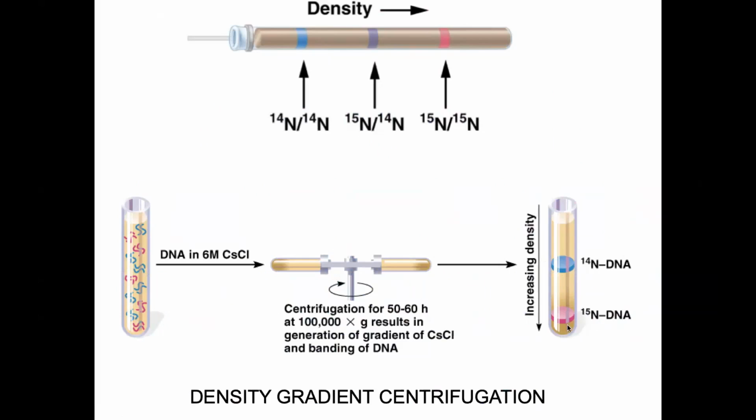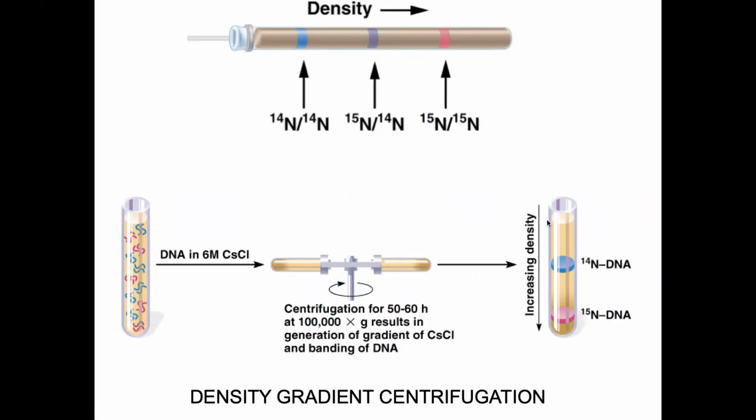The two different labels that they used are N14 nitrogen and N15. N15 is a heavy density isotope relative to N14, the more common form of nitrogen in nature. And remember, there's plenty of nitrogen in DNA.